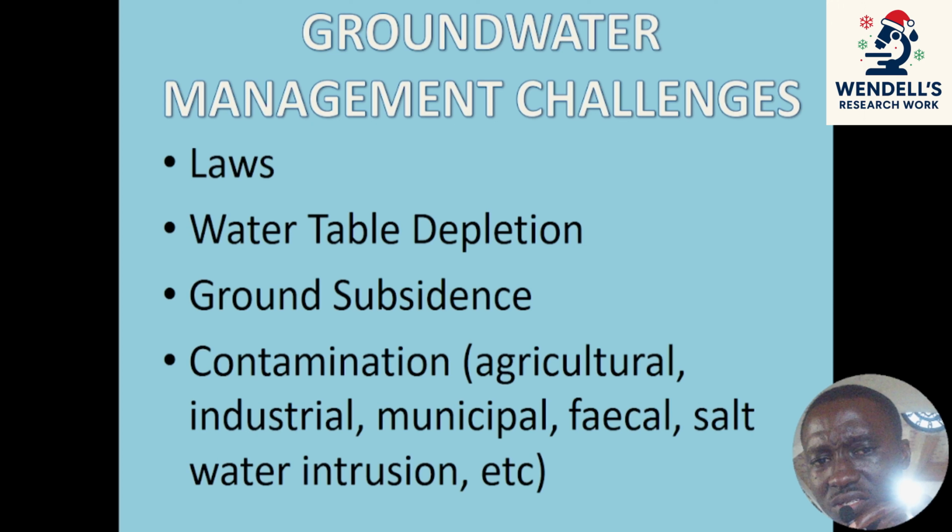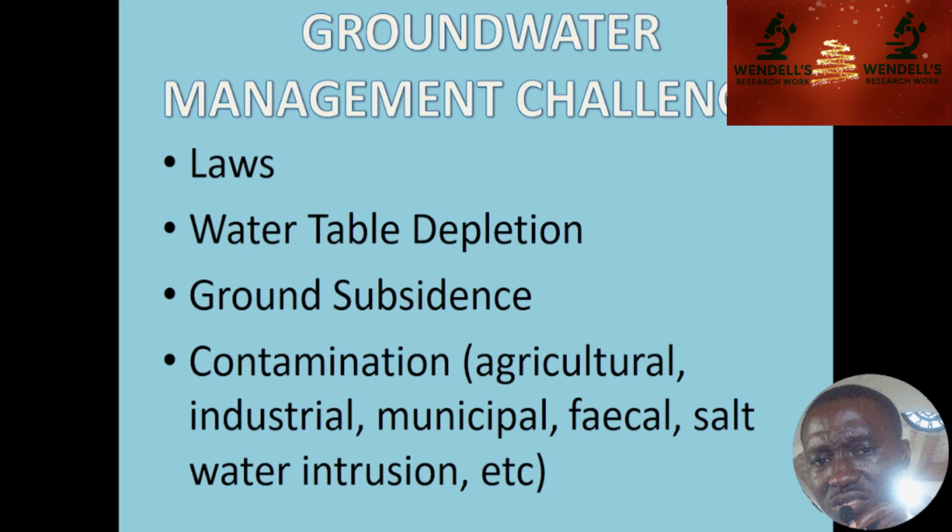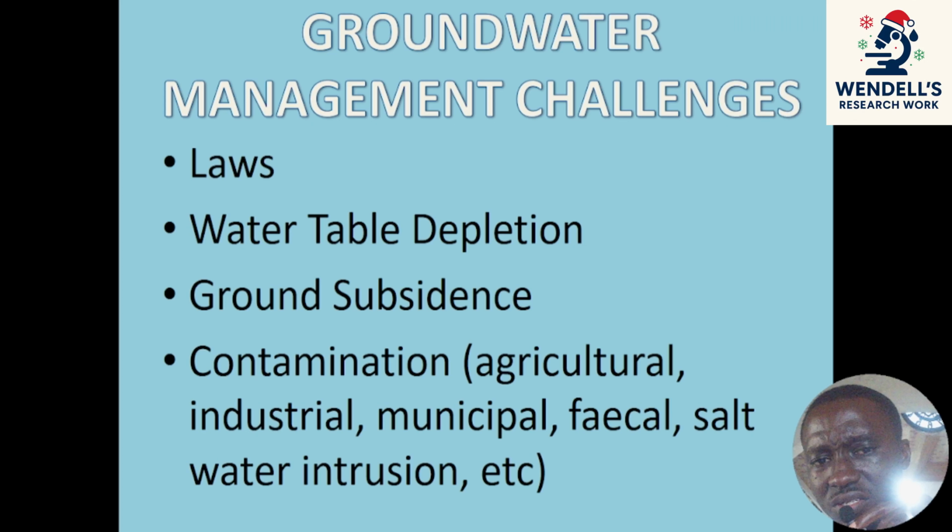Now there could be contamination. Agricultural activities, like fertilizer application and all that, could lead to leaching or infiltration of these chemicals. So it's very important that we look at it and address it properly.